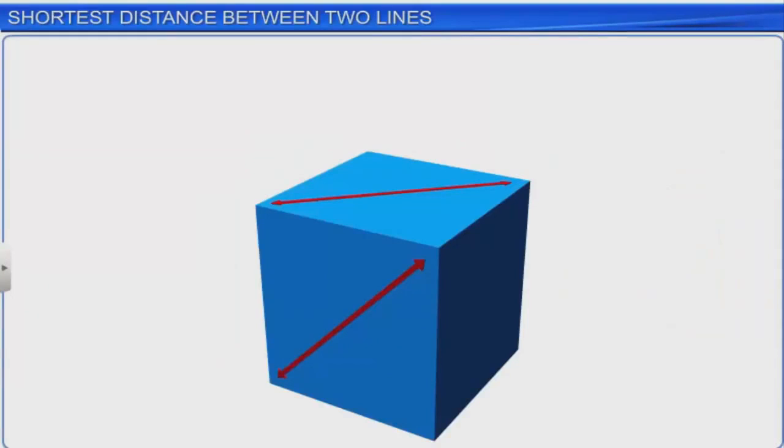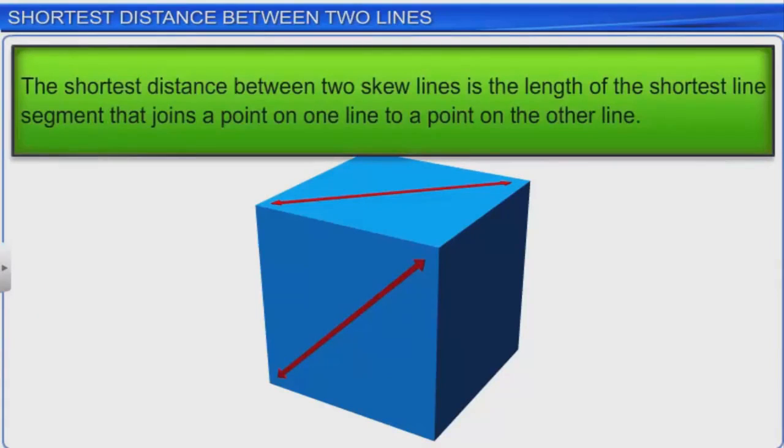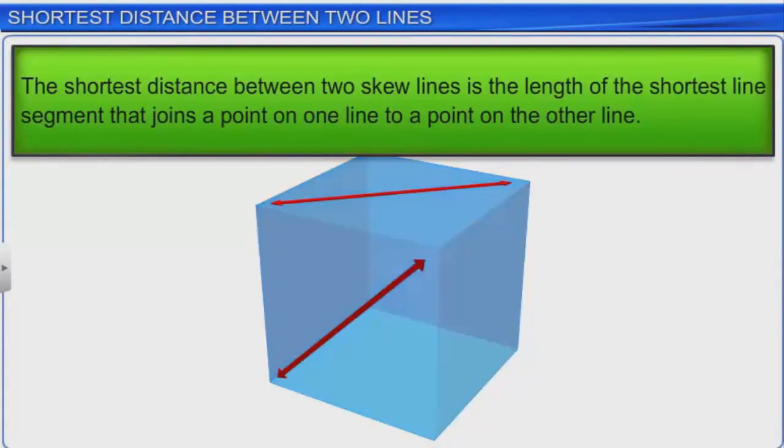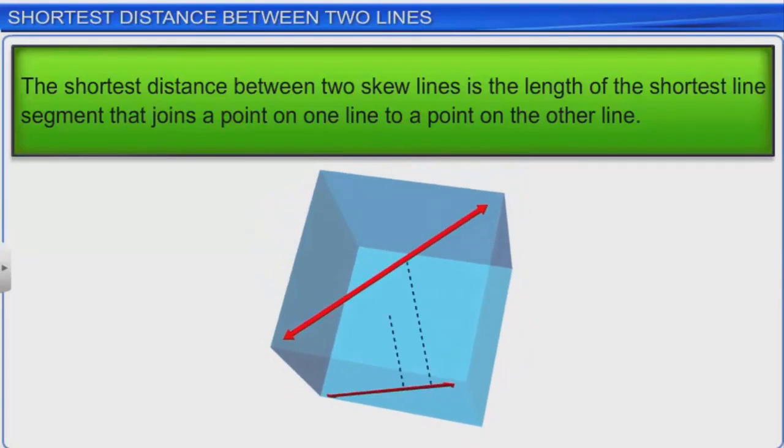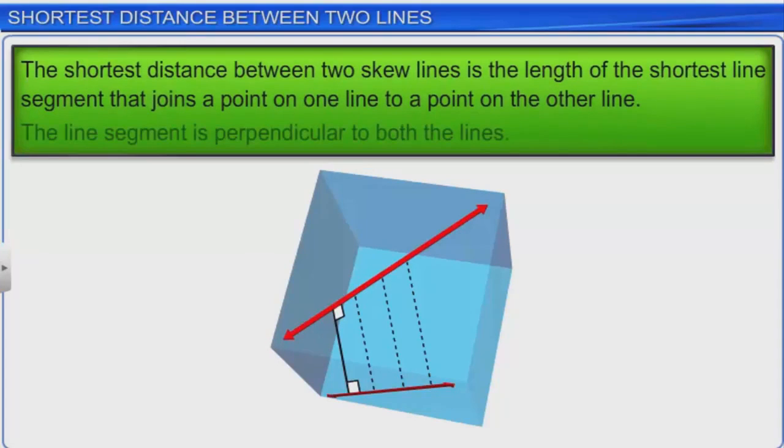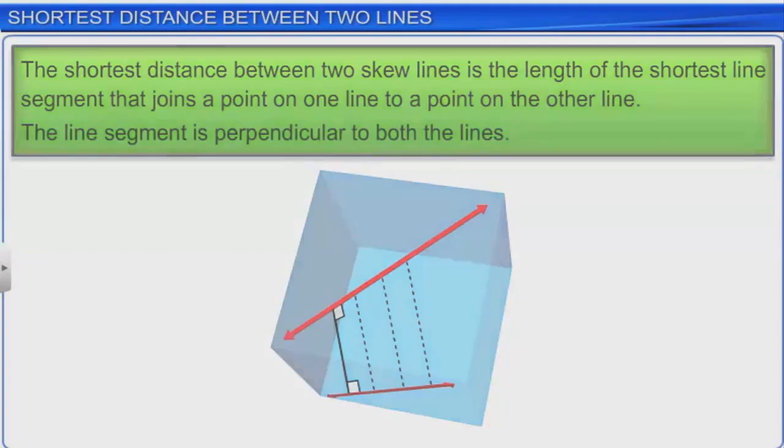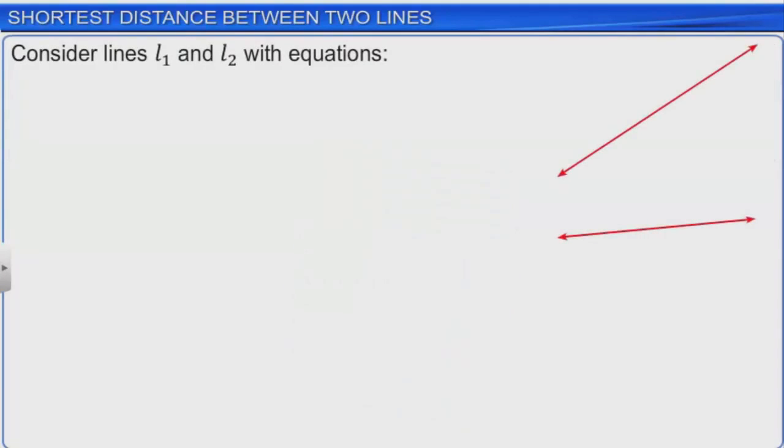Let us start with finding the shortest distance between a pair of skew lines. The shortest distance between two skew lines is the length of the shortest line segment that joins a point on one line to a point on the other line. For skew lines, such a line segment is perpendicular to both the lines. Consider a pair of skew lines L1 and L2, represented by the vector equations as shown.